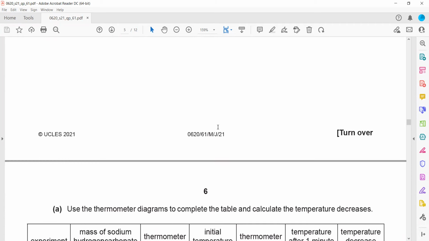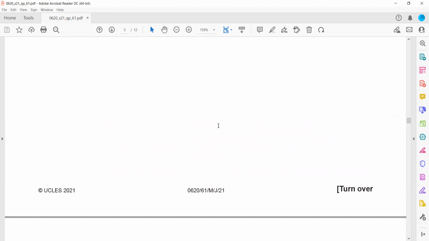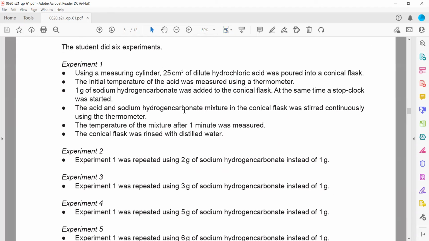For this type of question, whenever they ask about improvement, the answer is actually given in the question. If you read the second line here, using a measuring cylinder, we add hydrochloric acid. Measuring cylinder is not accurate. It is used to measure approximate volume.